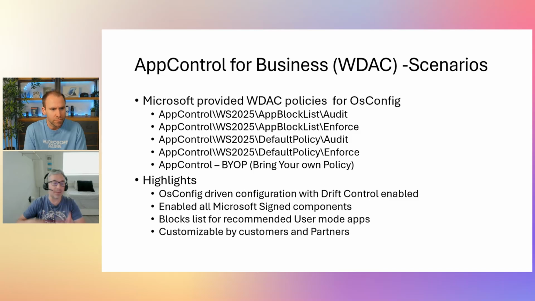Okay, so the same drift control capability that applies to security settings on baselines applies to app control policies. Nice. Yeah, okay, so let me summarize. There's a lot of cool stuff. If you want to implement this, you basically go and apply it in audit mode to figure out, okay, you obviously have default stuff, but you want to figure out what are the things which I need to customize and basically whitelist, right?